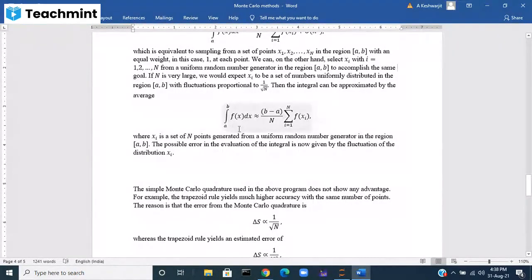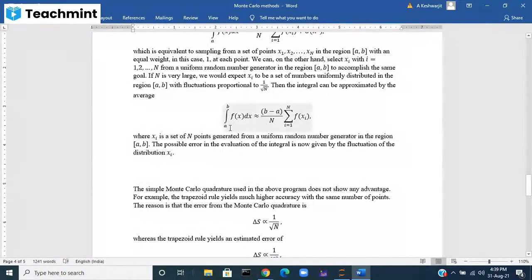So if we want to calculate the integral of sin x from 0 to pi, what will we do? Here a will be 0, b will be pi, so this numerator will be pi, and n will be a large number. In the range 0 to pi we will generate a large number of random points, using a uniform random number generator.